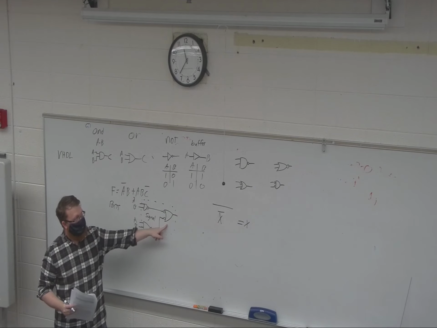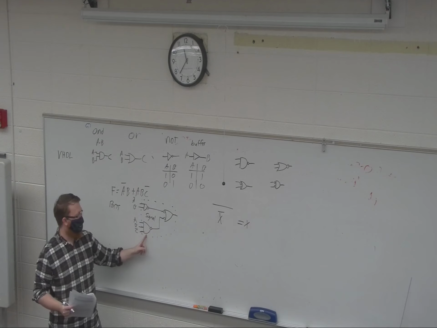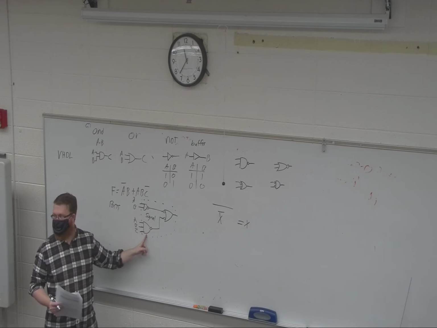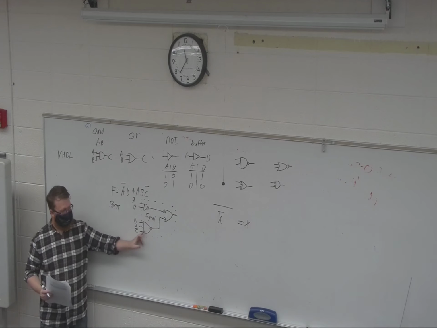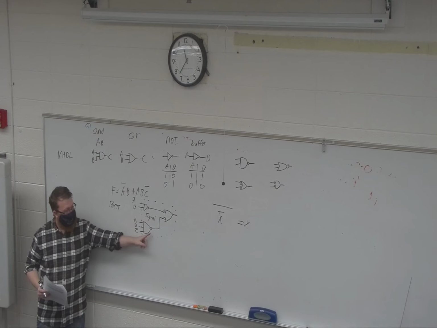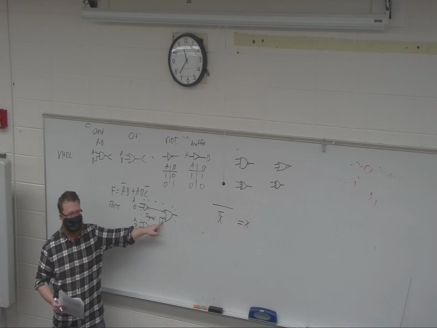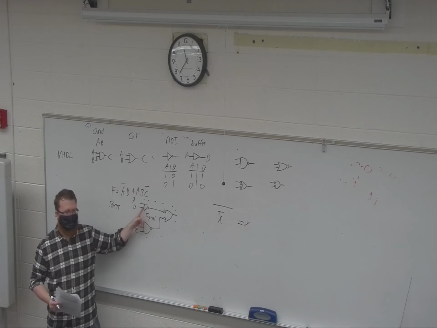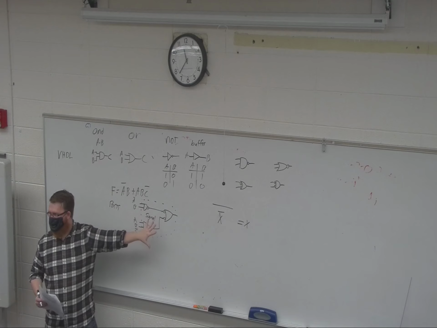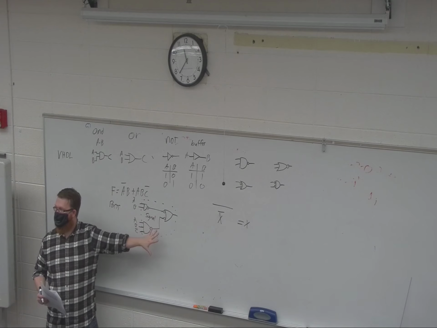This is a NAND gate. Because I have an AND with an inverted output, and I have an OR with an inverted input. NAND, NAND, NAND. I now have a NAND-only design in just one simple step.